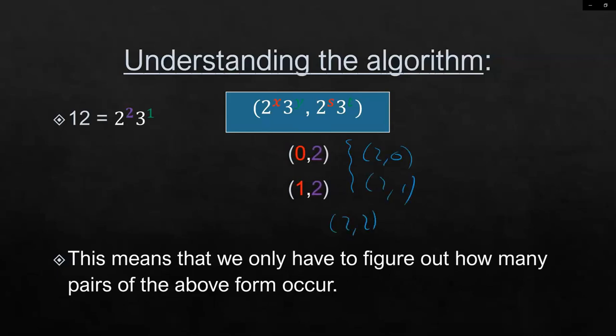And 2,2, okay? So all that we need to figure out now is how many of those pairs occur. So how many ordered pairs can you make such that 2 is in this position, and here you have only smaller numbers than 2? That's what we're trying to figure out. Okay.